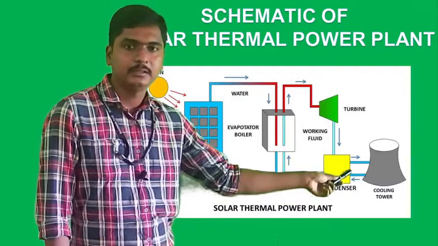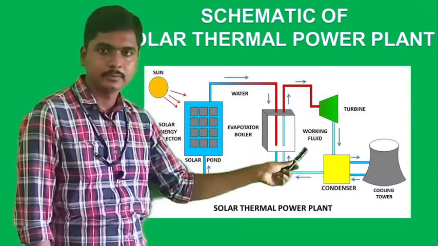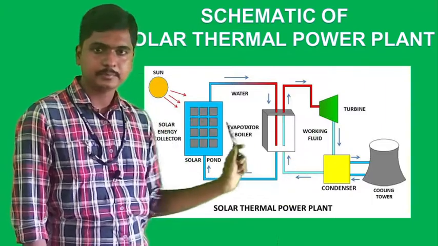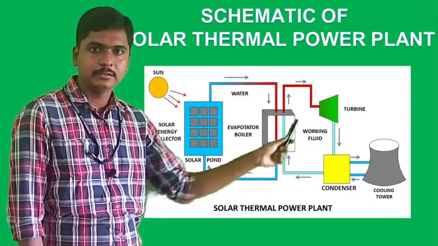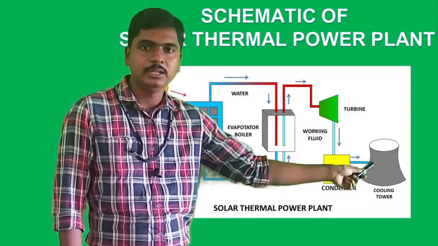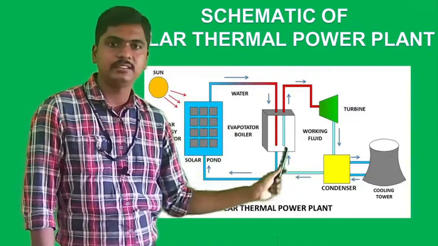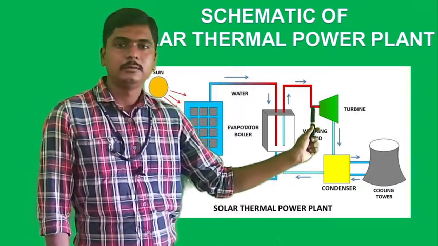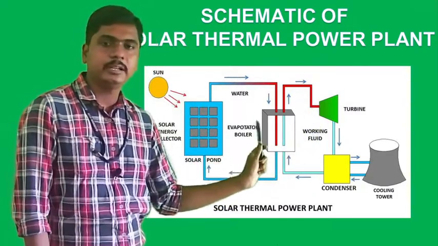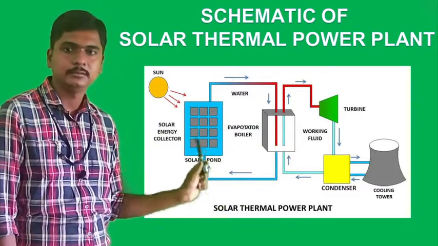This is nothing but a conventional thermal power plant. Boiler will be there, turbine, condenser, chimney or cooling tower will be there. Clear? So this is a conventional thermal plant, and this other part is a solar power plant, the solar cycle.